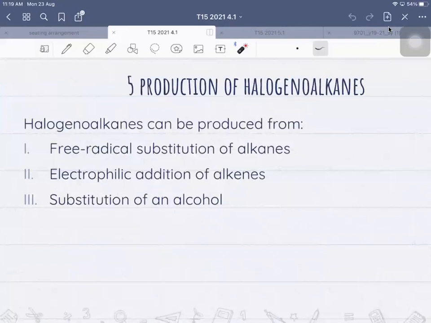We know that free radical substitution is not a great reaction if you want to produce one type of halogenoalkane, because it is a chain reaction. You can get a mixture of products.